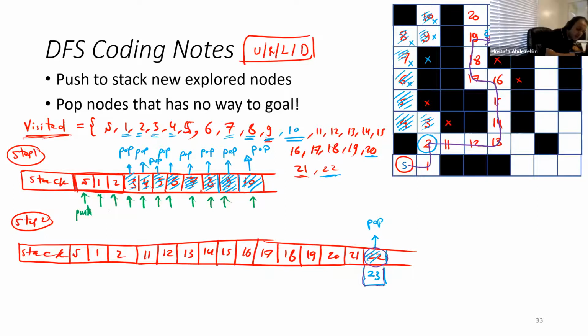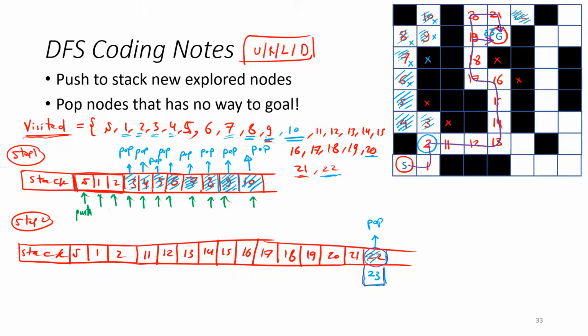You said sometimes it wouldn't be the shortest path to the goal node, but I'm asking in terms of DFS, it's based on the nodes it has explored. So from those nodes it has explored, it's getting the shortest path. That's right. It's depth first search. It's based on the nodes that you have explored.